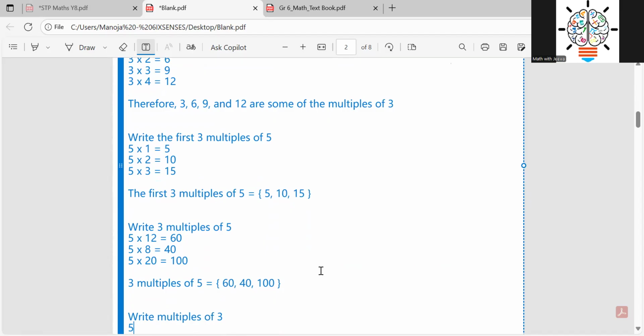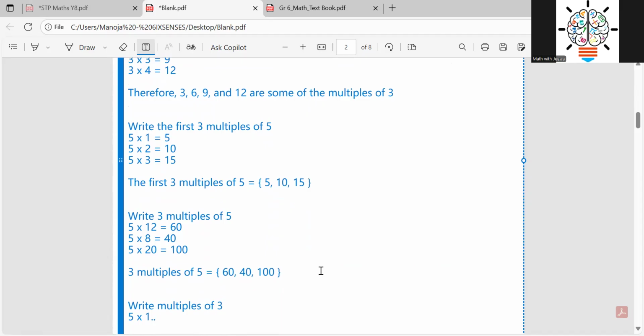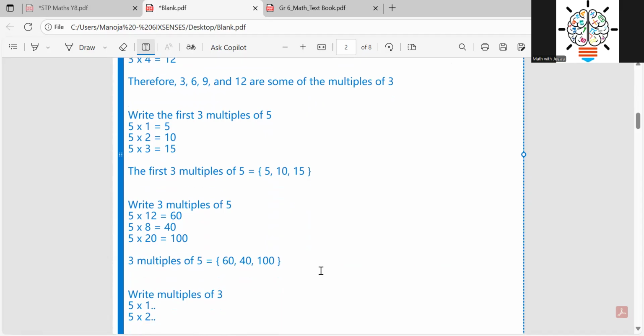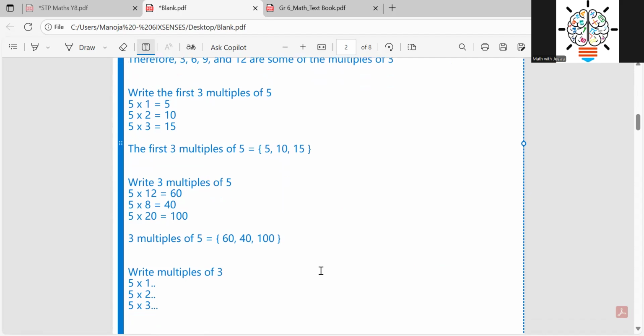You start from 5 times 1, then 5 times 2, then 5 times 3, and it goes on. So how do you write the answer? Multiples of 5, you open the curly bracket and write 5, comma 10, comma 15, 20, and the list goes on, because they have not given the lower boundary or the upper boundary, so you can write anything.